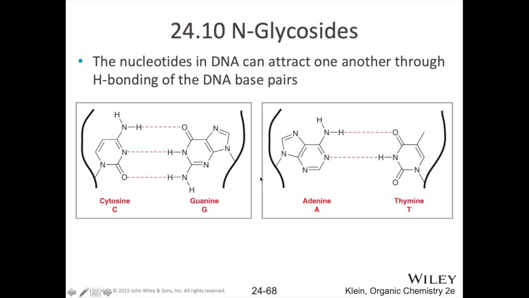Okay, now basically DNA forms complementary strands. Basically, cytosine and guanine can hydrogen bond efficiently, and adenine and thymine can also efficiently hydrogen bond with each other. So that allows these 2 strands of DNA to link together.